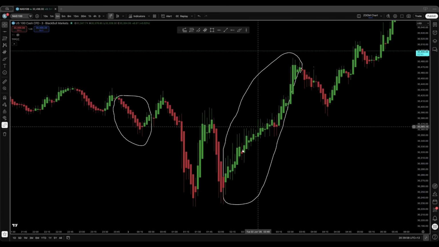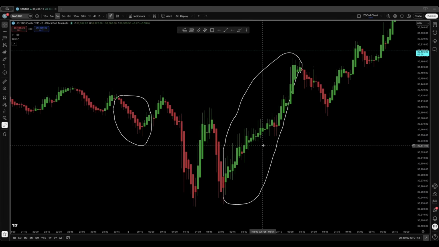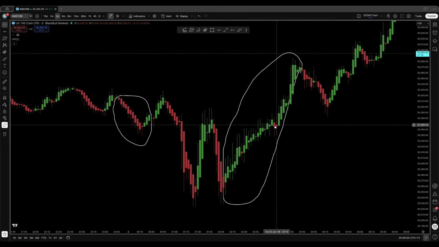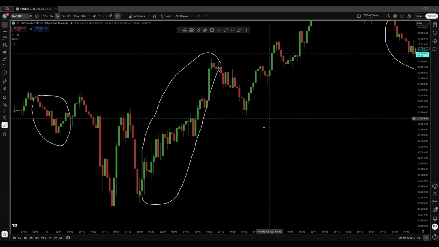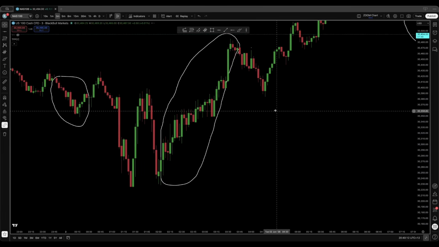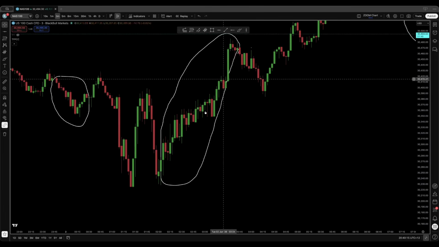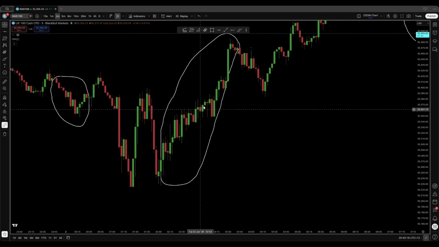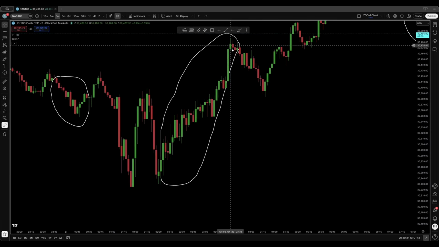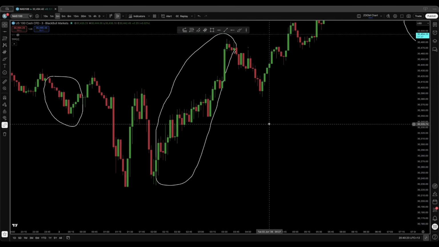In this big move, there were only 3 red candles. So if we change that to normal candles, and scroll back to that big move, look at all the bearish candles. There were only 3 reds. With Heikin Ashi, here's 1, 2, 3, 4, 5, 6, 7, 8, 9, 10, 11, 12, 13. So 3 compared to 13.